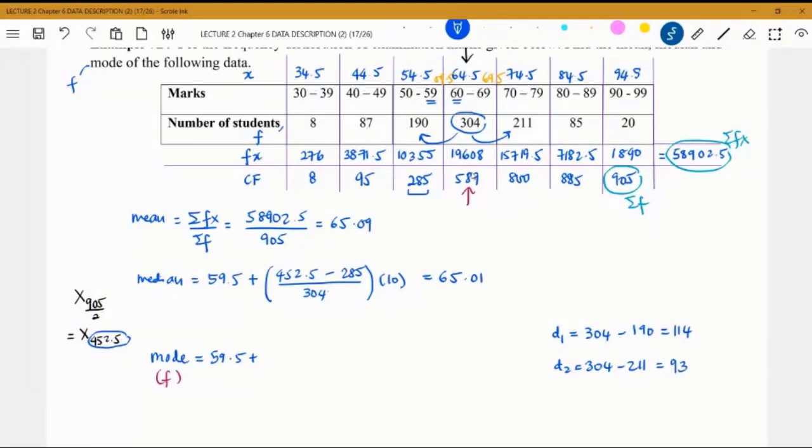Okay, good. So we add 114 divided by 114 plus 93, and then we have the same class width, which is 10. So directly your mode will be 65.01 as well. Okay, got it?